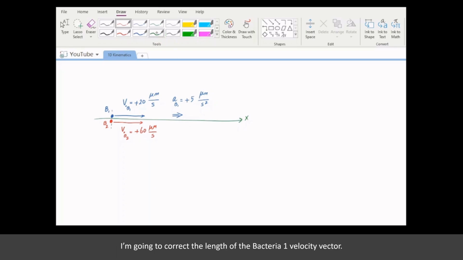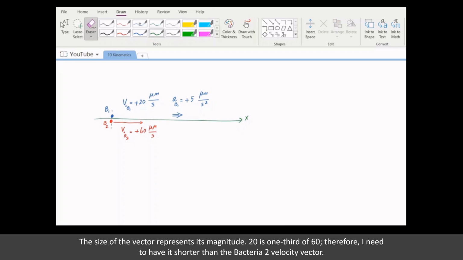I'm going to fix the length of the bacteria 1 velocity vector. The size of the vector represents its magnitude. 20 is 1/3 of 60. Therefore, I need to have it shorter than the bacteria 2 velocity vector.